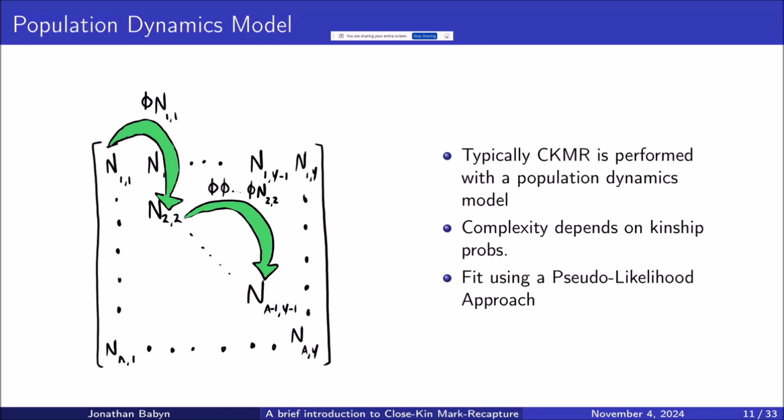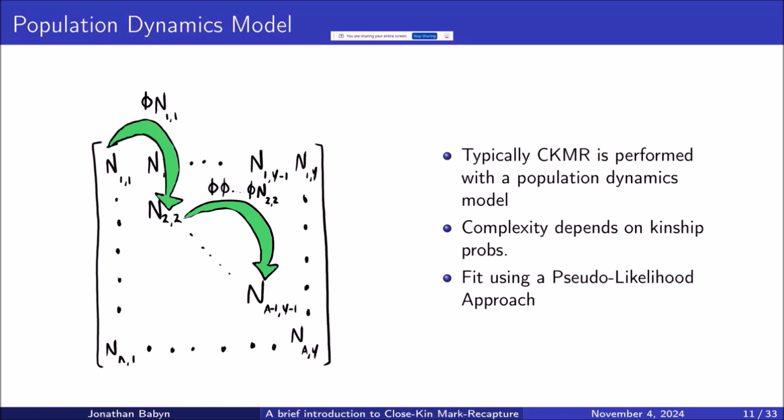Typically, CKMR is performed with a population dynamics model. How complex that needs to be depends on your kinship probabilities, as well as your goals for what you're interested in forecasting.